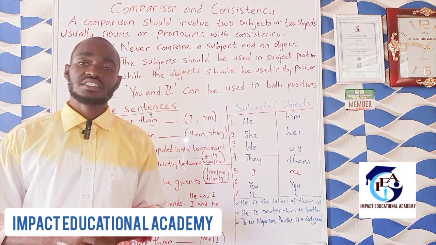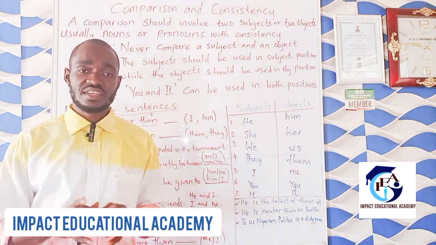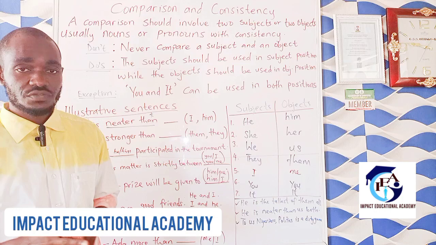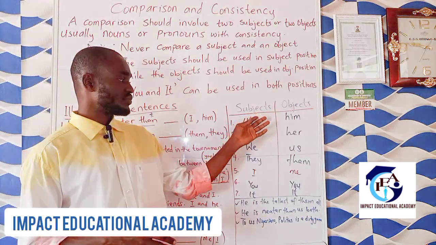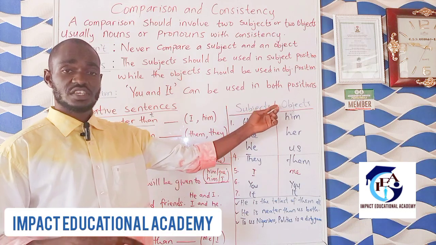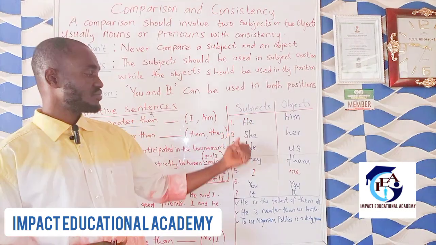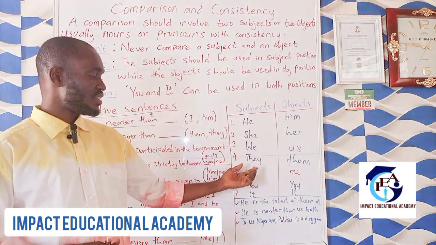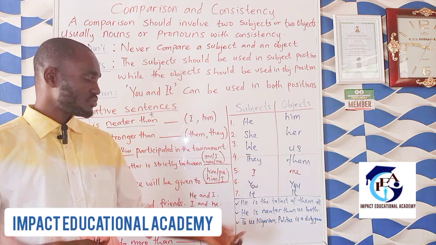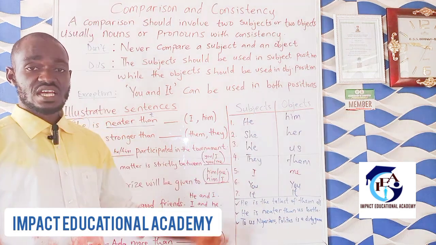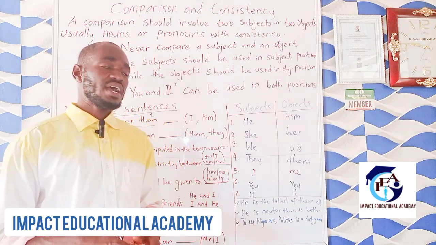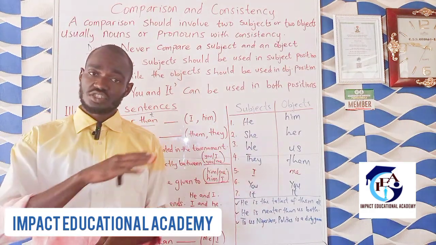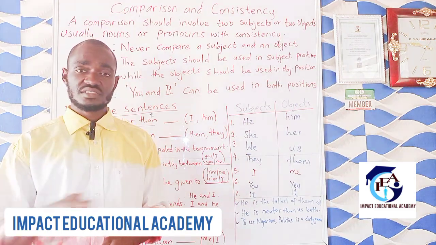Okay, these pronouns can be classified into two. We have some of them in subject positions, as we have it here. The subjective case of pronouns are these: he, she, we, they, I, you, it. Why are they in subject case? They can be used to start English sentences.